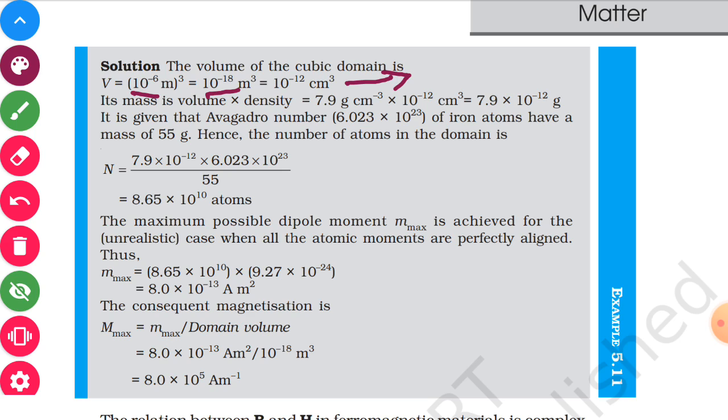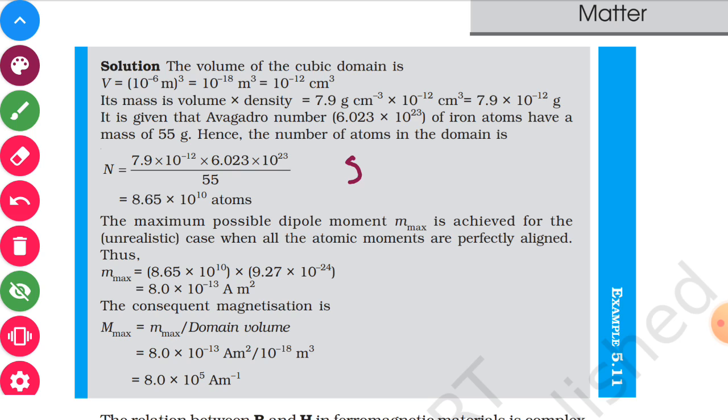Because the density is given in gram per centimeter cube. Now the mass of that particular domain is density multiplied by volume. Density is known to you, volume we have 10 to the power minus 12, so we get the value of mass. Now atomic mass is given as 55 gram per mole.